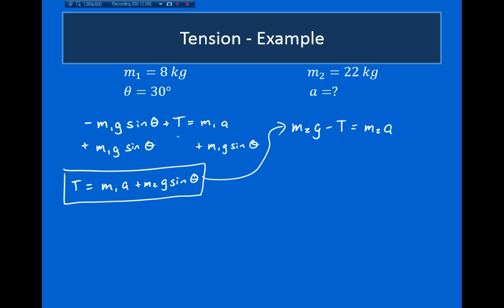Plugging this into the other equation, I have now m2g minus tension, which is minus m1a plus m2g sine theta, is equal to m2 times a. And now this minus sign will distribute. So actually, let me just get rid of this parentheses here. And what we have is a minus here, and then we'll have a minus here as well.